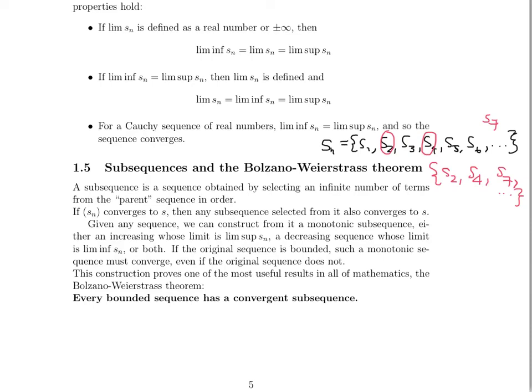And another thing to note is that if the original parent sequence is bounded, this monotonic subsequence that you can construct must converge even if the original sequence does not.